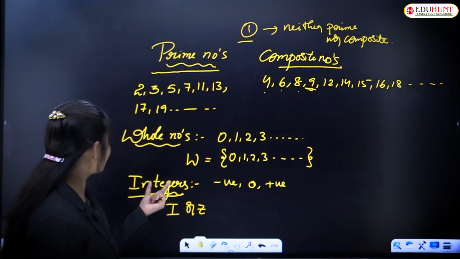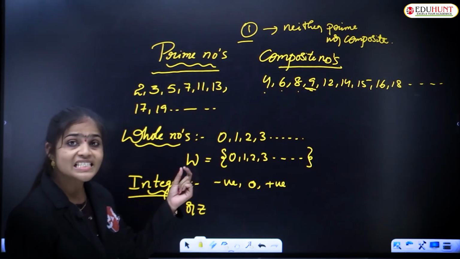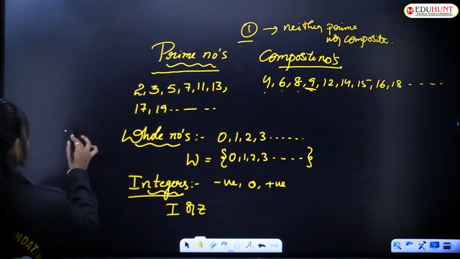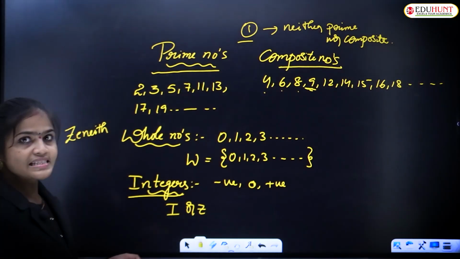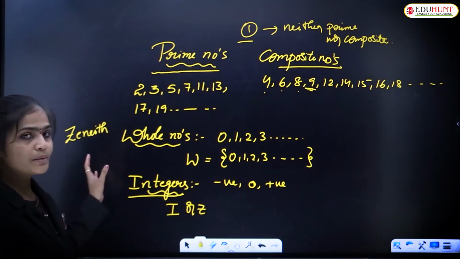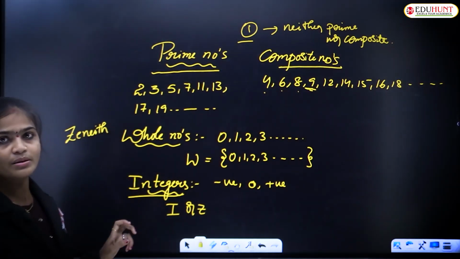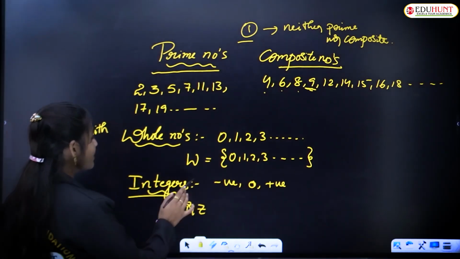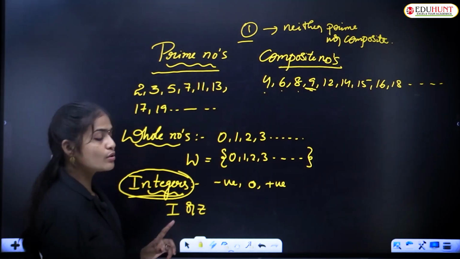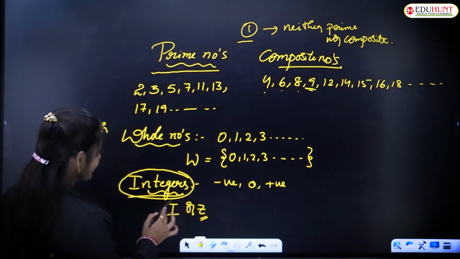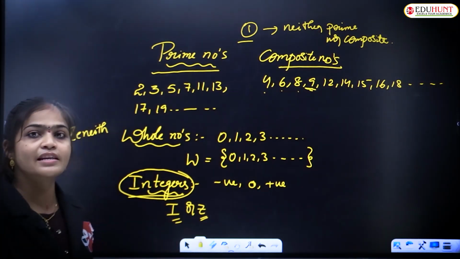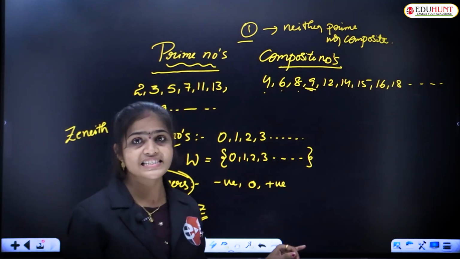Zahlen starts with the letter Z, and it covers positive numbers and negative numbers also. So the first letter of zahlen is Z and the first letter of integers is I. So integers are denoted by the letter I or Z.